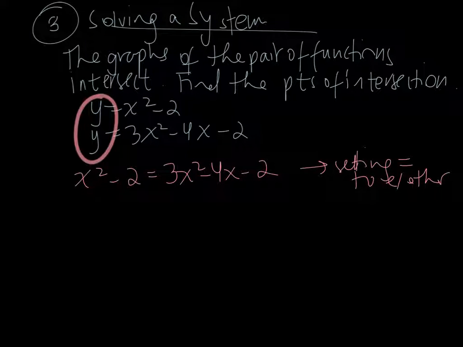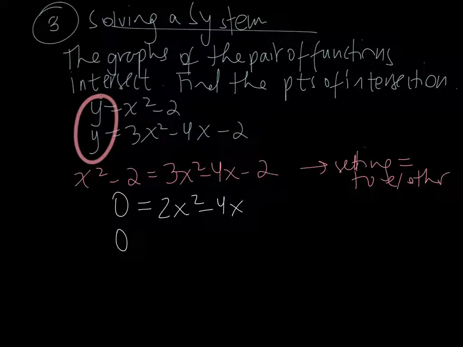When you have a quadratic equation, immediately, you guys should be saying this, you set it equal to 0. So I move everything to this side. Subtract x squared, I get 2x squared. Add 2, and I get plus 0.